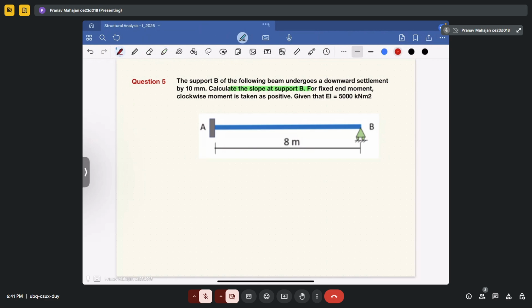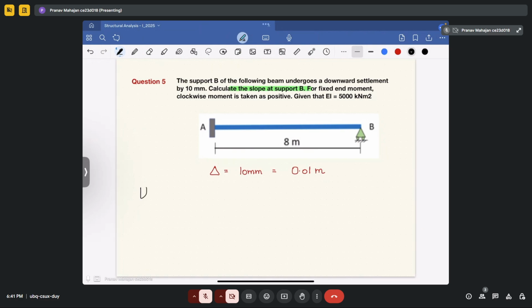We will solve this problem using slope deflection method. In this, delta is given to you to be equal to 10 mm. If I convert it in terms of meters, it will come out to be 0.01 meter.